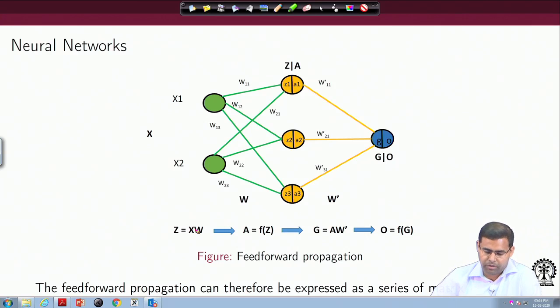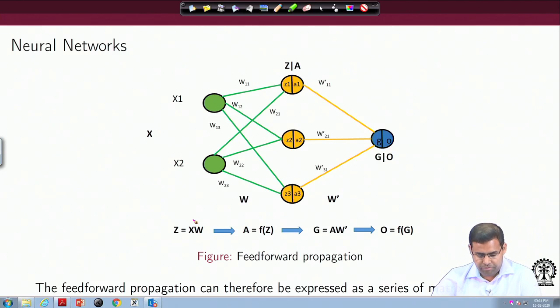Then, using f to denote the activations that happen here, after the activation we get the output matrix A, which is f of z, where f represents the activation function.